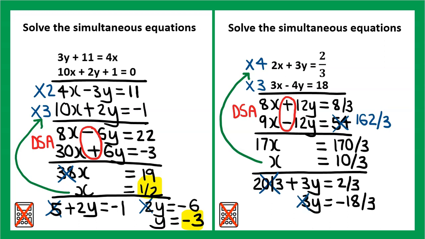And finally, we can divide by 3, so y should be equal to -6 over 3, which is the same as -2. We could have written x as 3 and 1/3 if we wanted to, but you won't lose marks for this. So the final answers are x equals 3 and 1/3, or 10 over 3, and y equals -2.